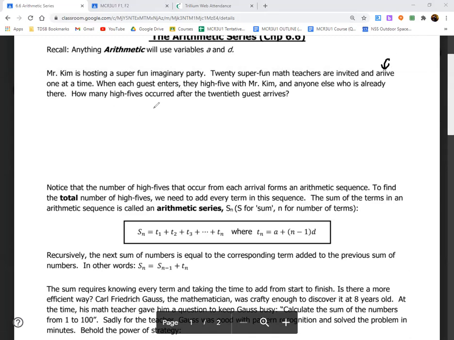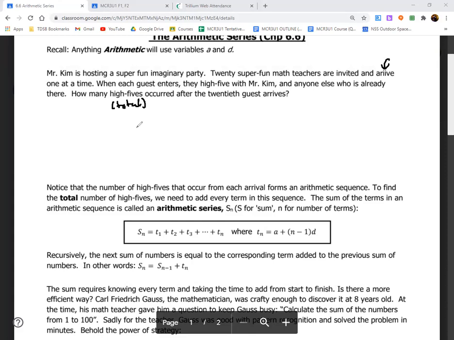When each guest enters, they high five with Mr. Kim and anyone else who is already there. How many high fives occurred in total? See if you can catch how this is different than an arithmetic sequence.